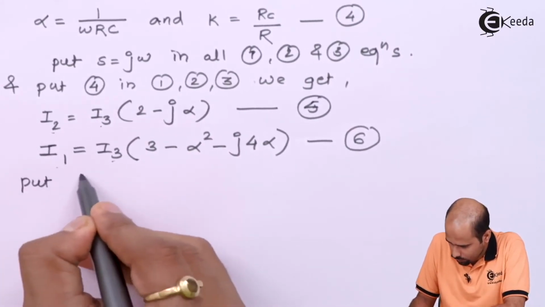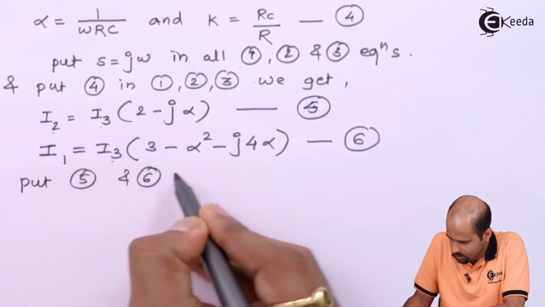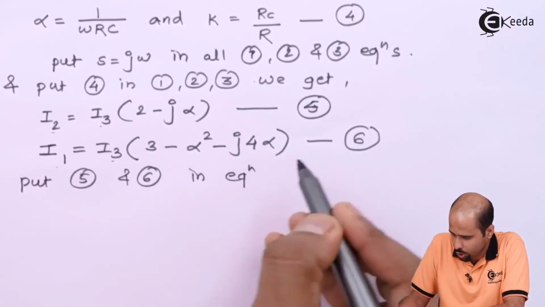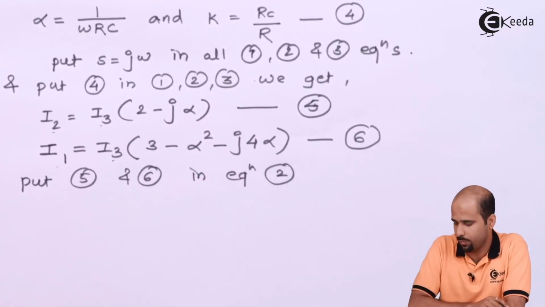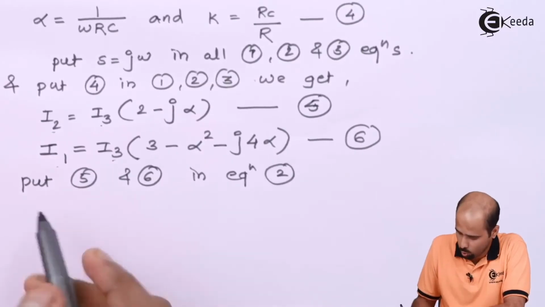So I can say that put 5 and 6 in equation 2. If we put 5 and 6 in equation number 2, what will we be getting?